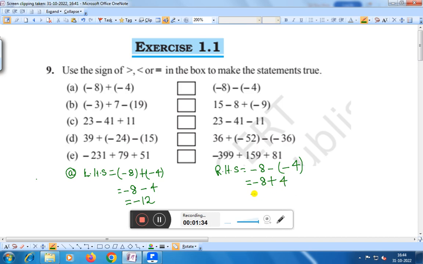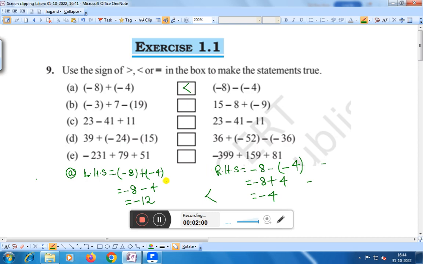Then we are getting -4. Now -4 is greater than -12, or -12 is less than -4. Therefore, the answer will be this one, that is less than -8 minus of -4.